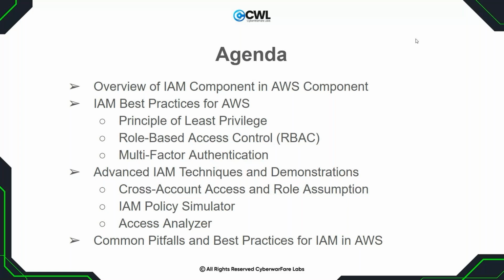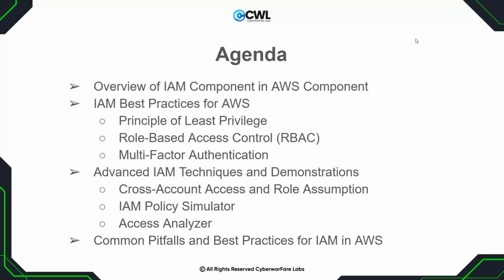Then the last best practice that we will be seeing is multi-factor authentication, or MFA, which adds an extra layer of protection to our AWS accounts. After that, we'll be moving towards advanced IAM techniques and demonstrations.